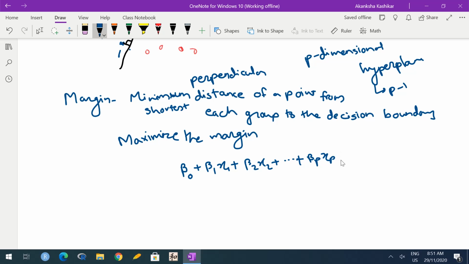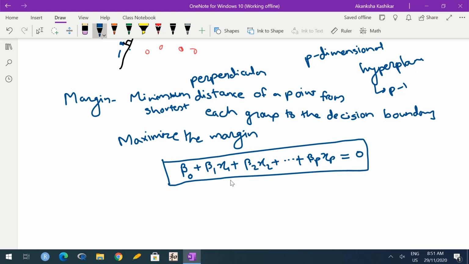Okay, this is generalization of equation of straight line or plane. So this equal to 0 would be my equation of hyperplane in p dimension, and the dimension of that hyperplane is p minus 1.